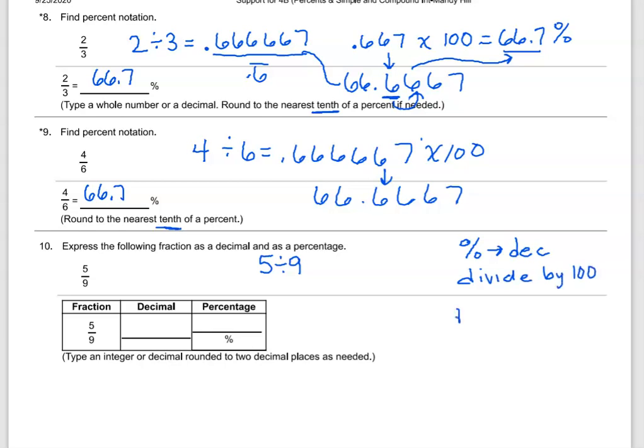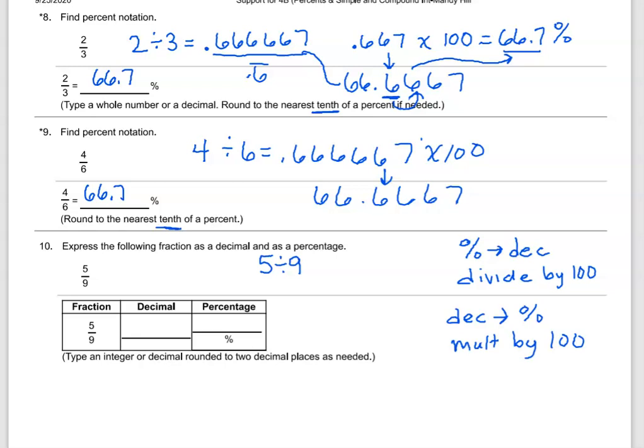If we're going from a decimal to a percent, we're always going to multiply by 100. So the answer to that question is a little bit loaded. It depends on what you're doing. If you got a percent and you're trying to get a decimal, you want to divide by 100. If you're going from a decimal to a percent, that's when you multiply by 100.